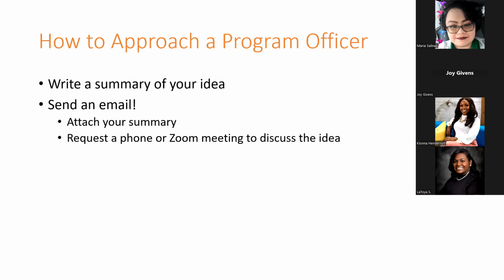All right, so in terms of approaching a program officer, that's what I want to talk about now briefly. What you're going to do is write a summary of your idea, whether it's your letter of intent, your concept paper, or your one pager. If the organization has a specific structure that they use, they may not want emails from you. But if it's not clear that they don't accept emails, I would recommend that you send an email to the program officer and attach the summary about your idea and ask them if you can have a phone meeting or a Zoom meeting with them to discuss the idea.